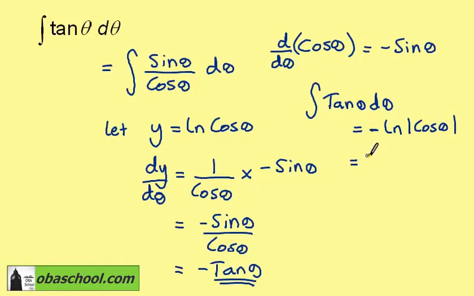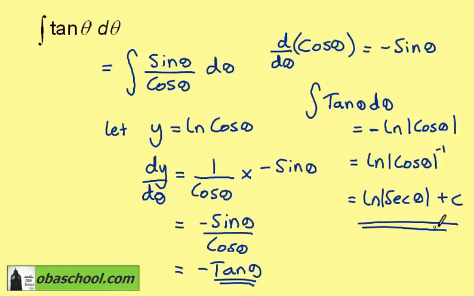Using our log laws, the negative can go inside, like so, and this gives us log of sec theta plus a constant. Remember, 1 over cos theta is sec theta.